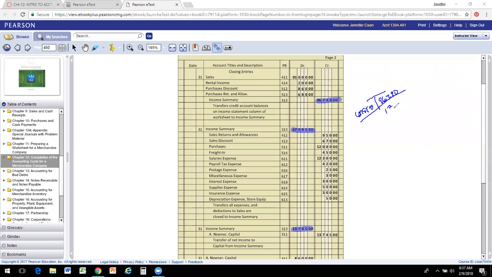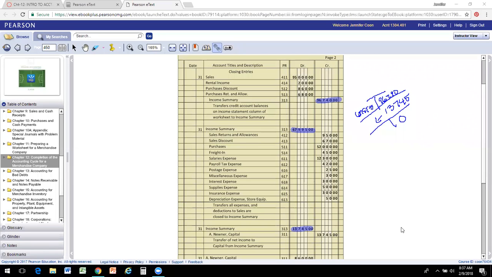So it would be 13,745. If that balance is on the credit side, to get rid of it, to be able to say our balance is 0, what do you have to do? You have to debit it and put that number, which is what they did down here. That's why they're debiting that account.